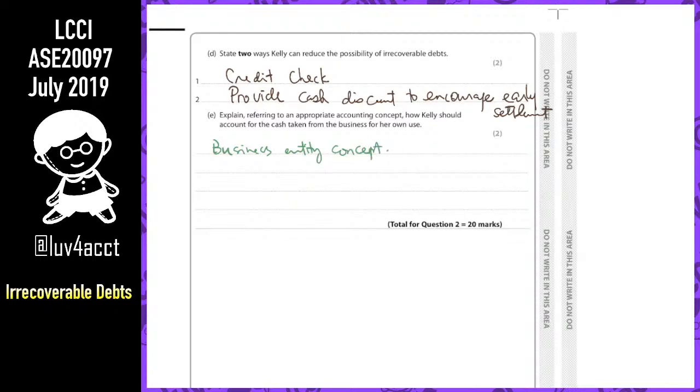This concept requires that the transactions of the owner are separate from those of the business.